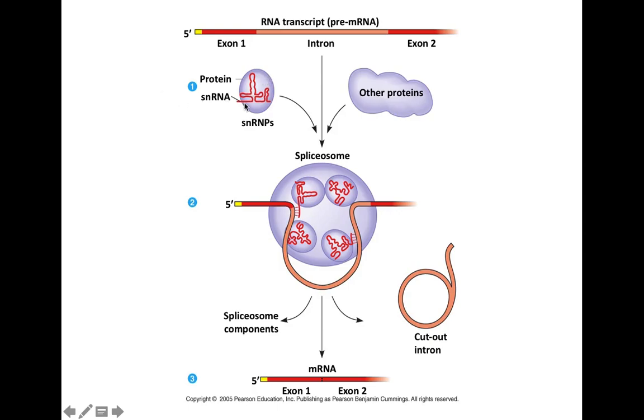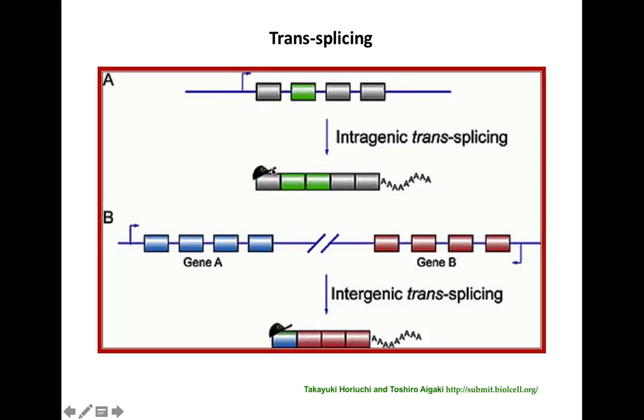And I told you that these snRNA molecules contain particular sequences which can recognize a sequence at the intron, and they can base pair with it. This helps these snRNPs bind to the RNA molecule. So how do they recognize and bind to this sequence is shown on this slide here.